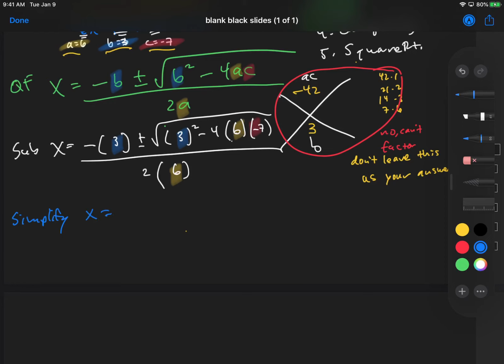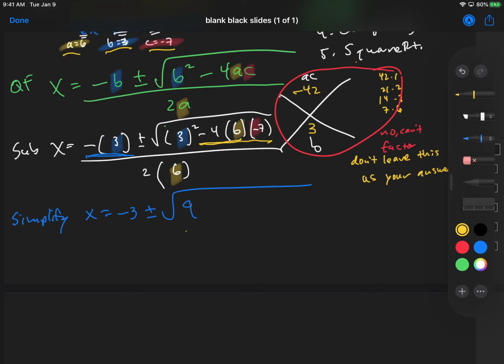X equals, the opposite of a positive 3 is -3, plus or minus the square root of 3 squared, which is 9, minus 4 times 6 is -24.